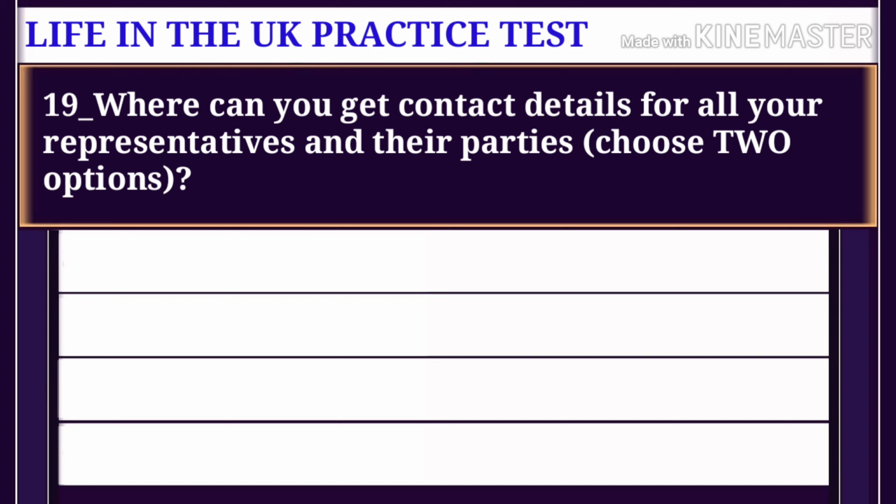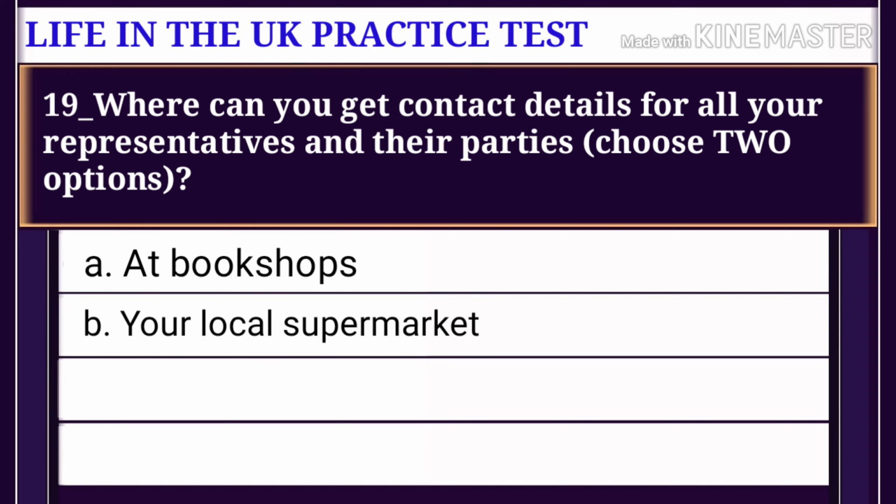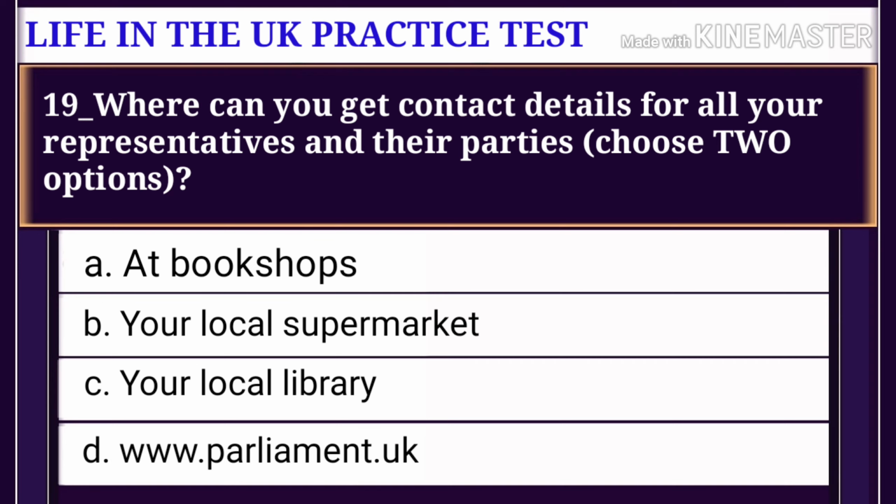Life in the UK practice test. Question 19 of 24. Where can you get contact details for all your representatives and their parties? Choose 2 options. A. At bookshops. B. Your local supermarket. C. Your local library. D. www.parliament.uk.